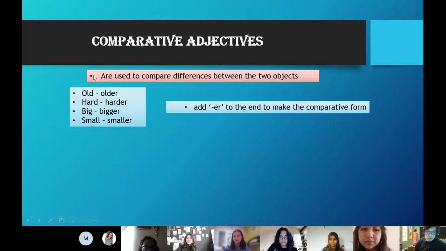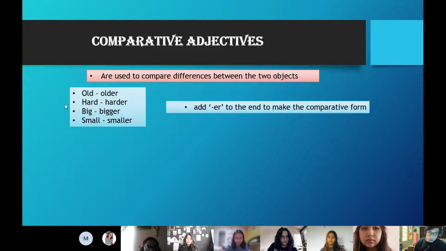Can you read the box, the red box? Can you read the red box? Yeah. They are used to compare differences between the two objects. Okay, thank you so much. So for that, we use the comparative adjectives. Here we have the first rule.